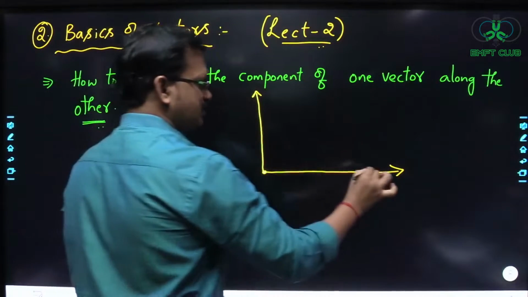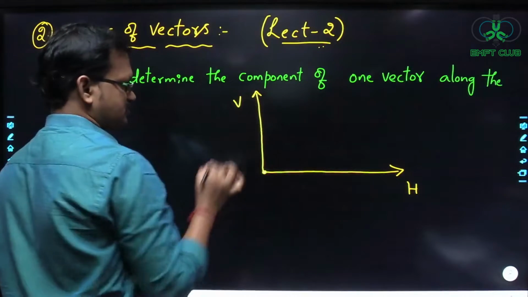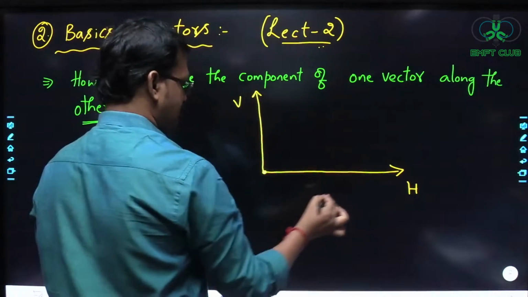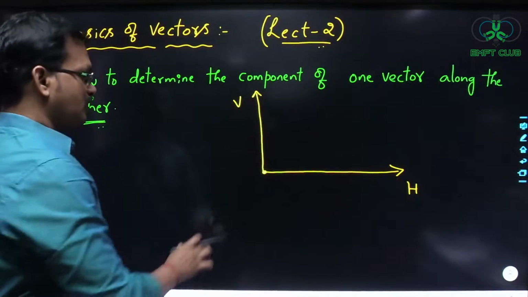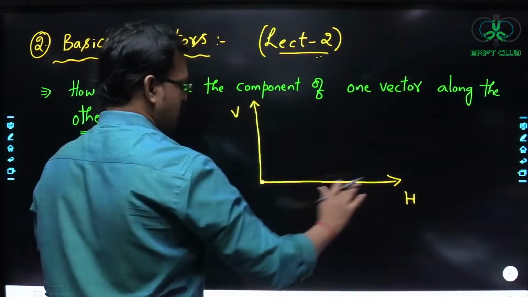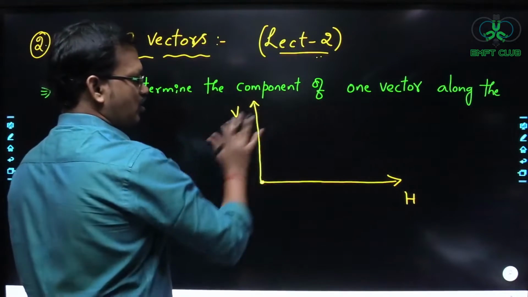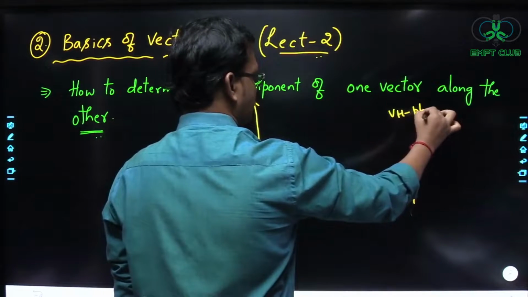Let us say this is the horizontal axis and this is the vertical axis. The horizontal axis I have represented with H, the vertical axis with V. Whenever I have drawn this horizontal axis and vertical axis, I can call this plane the VH plane.